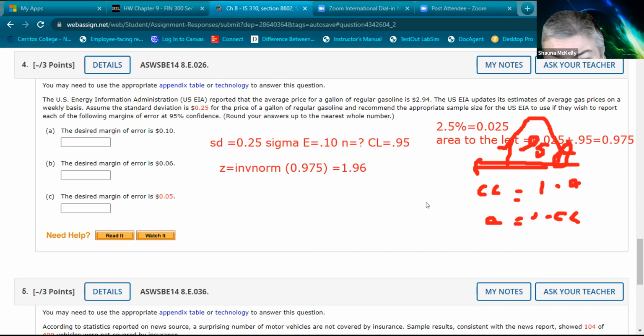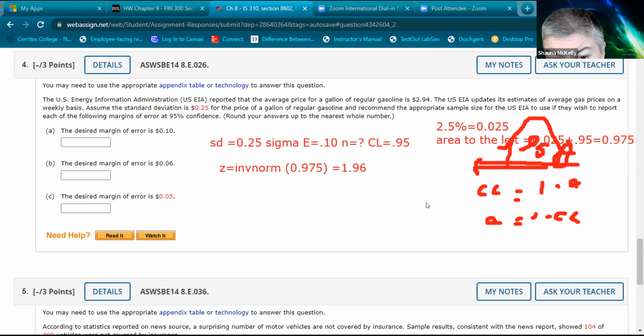Now, when you do your calculation here, n is going to equal your z, which is 1.96, times your standard deviation, which is 0.25.